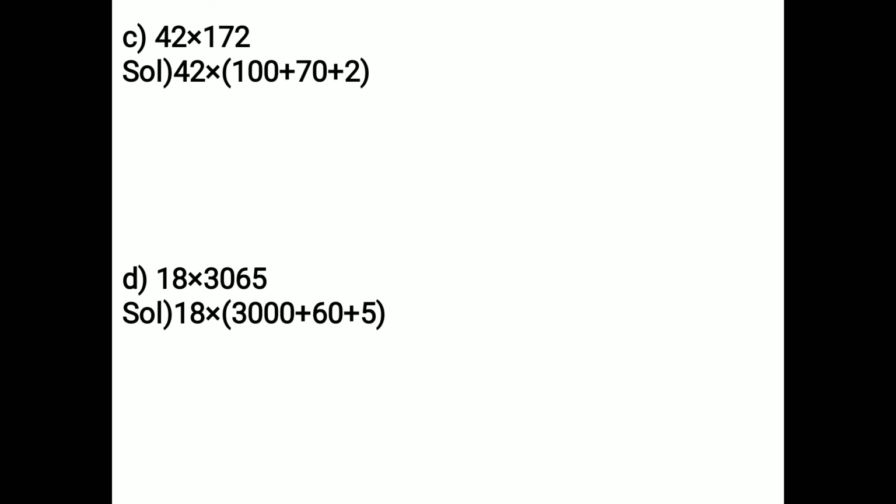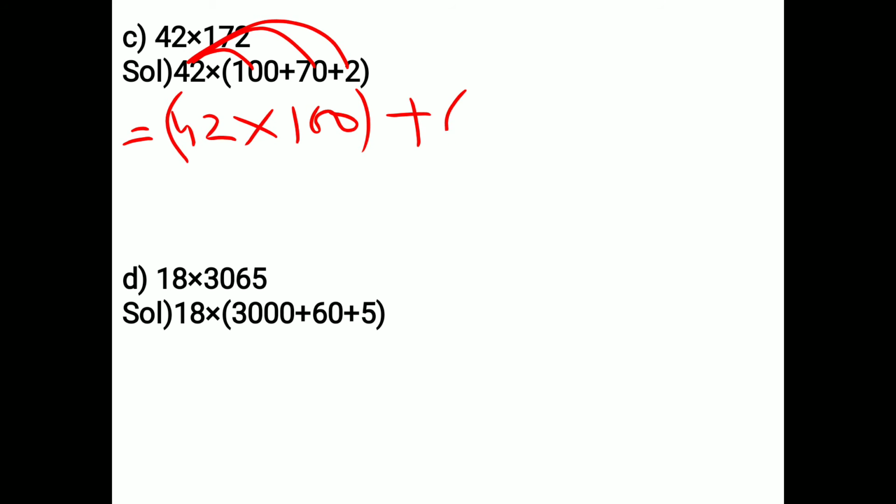In C part, the number is bigger than 100, so we will expand it by adding. So 172 I will write 100 plus 70 plus 2. Now we multiply 42 with 100 first. Put in a bracket, then plus sign. 42 into 70 plus 42 into 2. Clear?